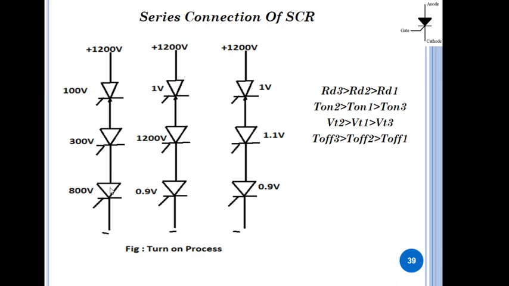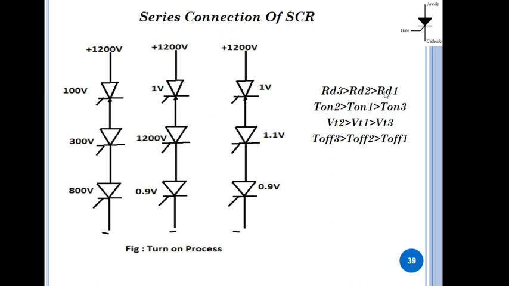And this figure is associated with the turn-on process. We first discuss the forward blocking stage, meaning all SCRs connected in series are in the off state. Now if we want to turn on all the SCRs, that is our first stage, and this first stage is the forward blocking stage.